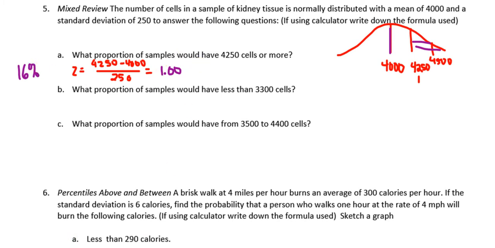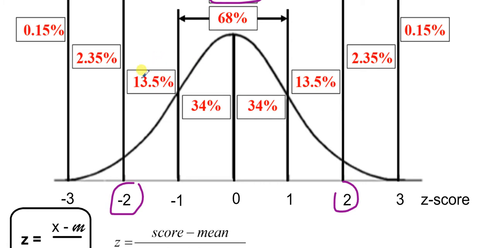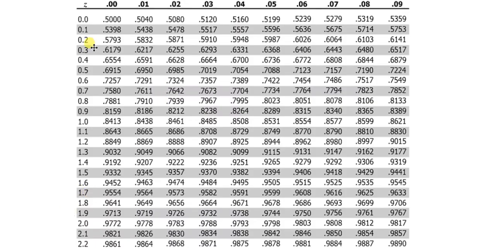But if you use the z-table, you look up 1.00, and that's the wrong one. Here's the z-table. 1.00 is right here.